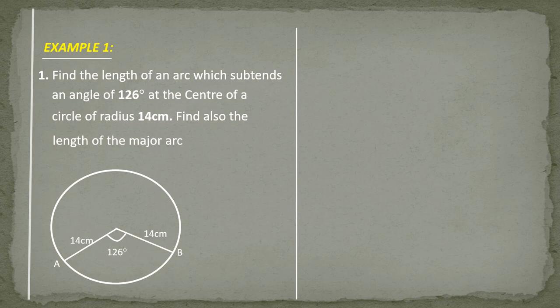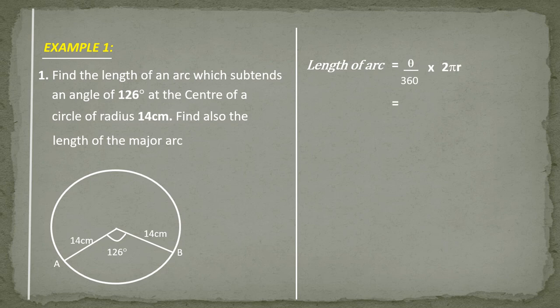So back to the formula. We want to find the length of an arc which subtends an angle of 126 degrees at the center of a circle. We have the angle theta, we have the radius, which is 14. So we simply substitute in the formula: the length of an arc equals theta divided by 360 times 2 pi r. Now once we get to this point, the remaining task ahead of us is just to substitute.